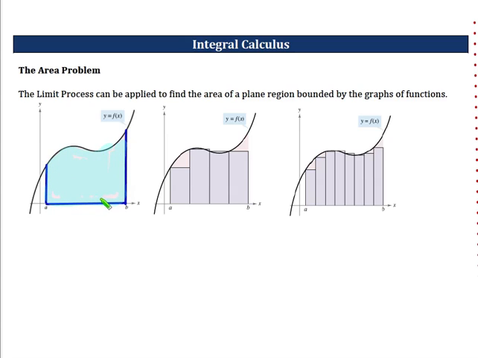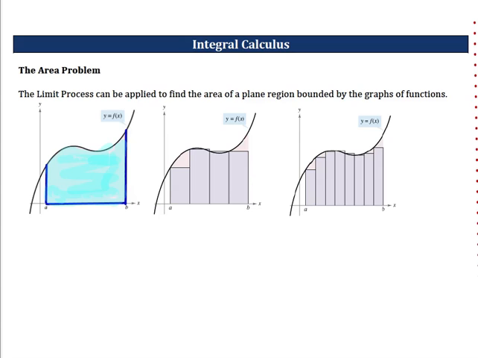So far, before calculus, you could only determine the area of certain plane objects that had mostly straight edges. Now, with calculus, this is the mathematics of change. We can find the area even though this curve is changing over the interval a to b.